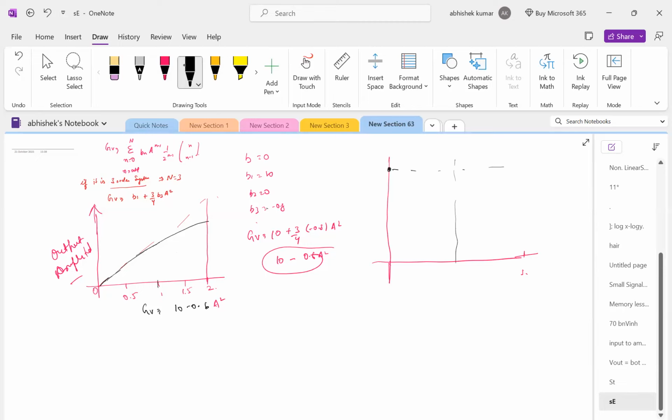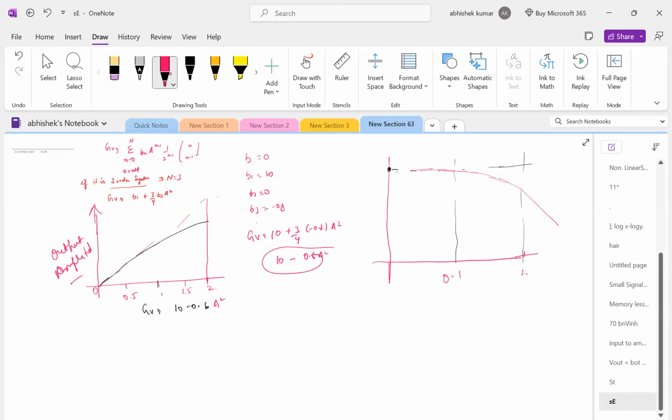At 1, initially it was giving you 10, till here about 0.1. You can measure it, it is almost 10. Now it will get reduced slowly, and drastically once the amplitude is more.